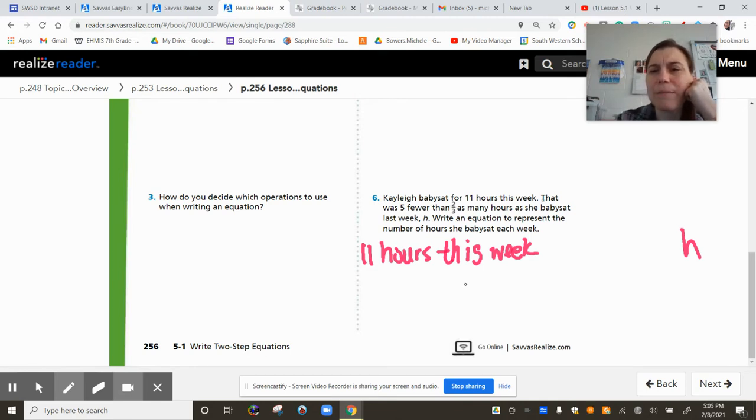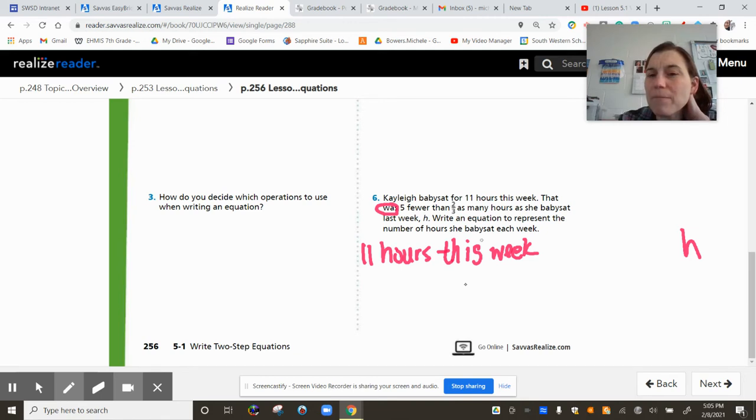So it says that was, this right here, the word was in math, was or is, are, those linking verbs are another way to say equals. So I can say 11 hours equals 5 fewer than 2/3 as many as last week.